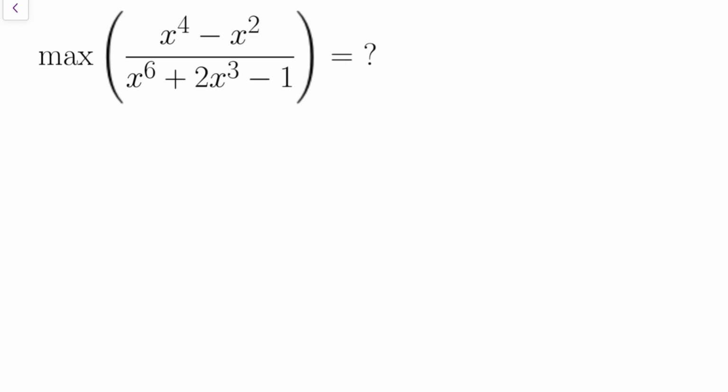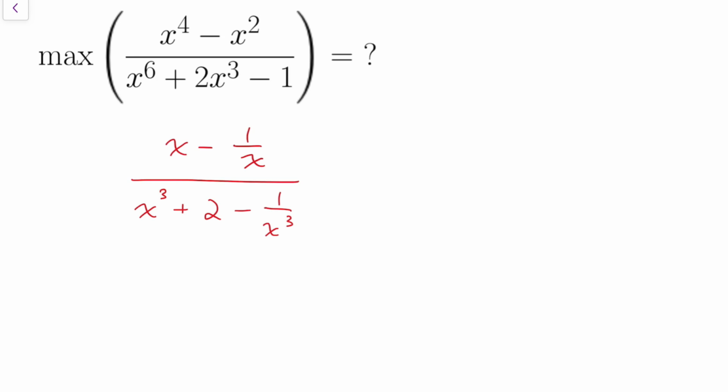There is a very simple trick that allows us to find the maximum value of this expression very quickly, which is to divide both the numerator and denominator by x cubed. So in that case, we have x minus 1 over x for the numerator, while for the denominator, we have x cubed plus 2 minus 1 over x cubed.